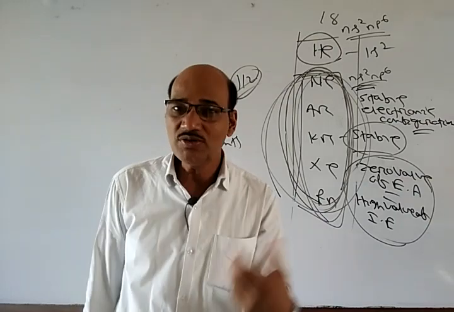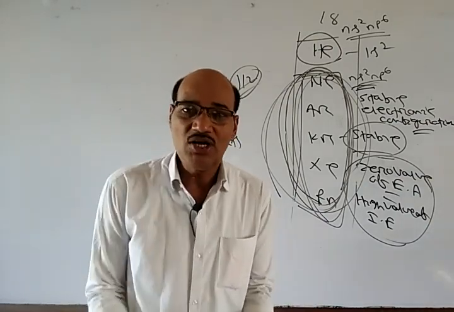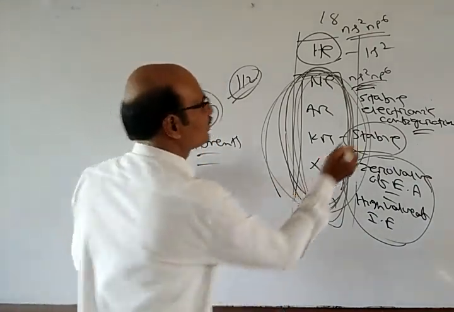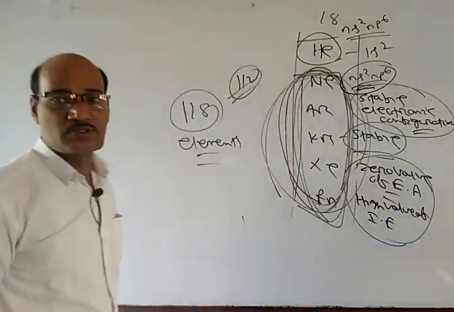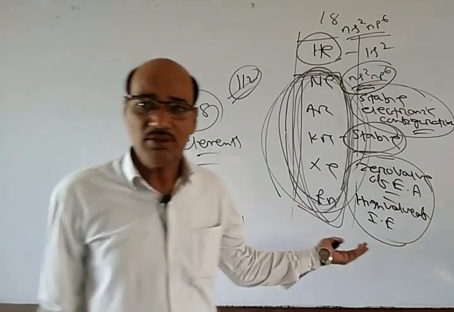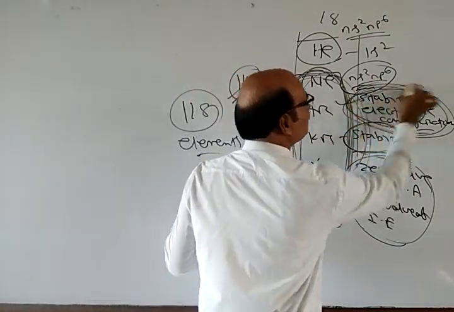So, what should be the reason that the other atoms are trying to combine? Because they are not stable. Why are they not stable? Because they don't have the stable electronic configuration.